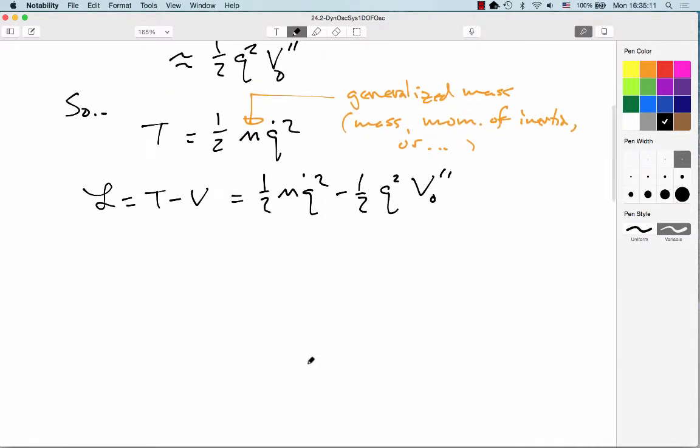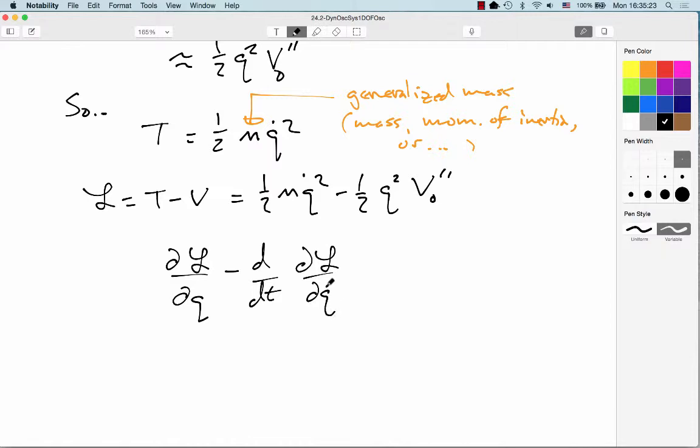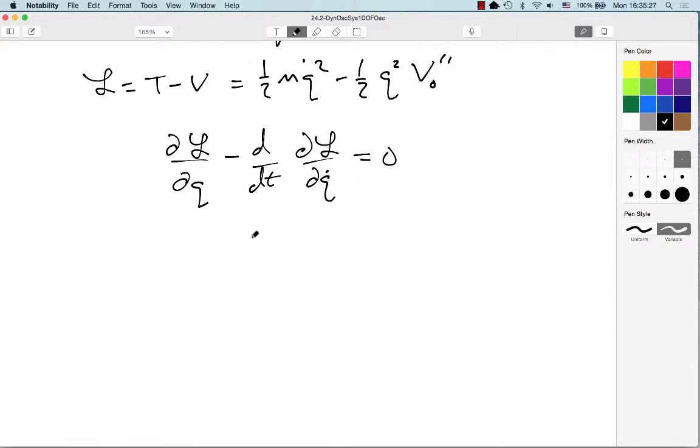Okay, so Lagrange's equations of motion say partial L partial Q minus d dt of partial L partial Q dot equals 0. So differentiating this with respect to Q, bring down 2, cancel the half, I'm left with minus Q times V naught double prime.